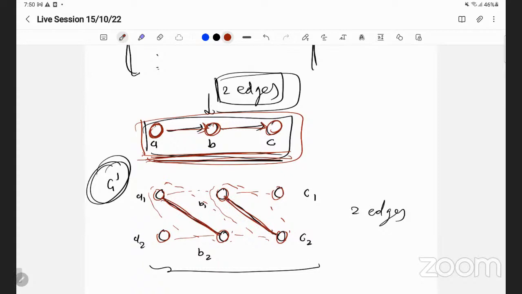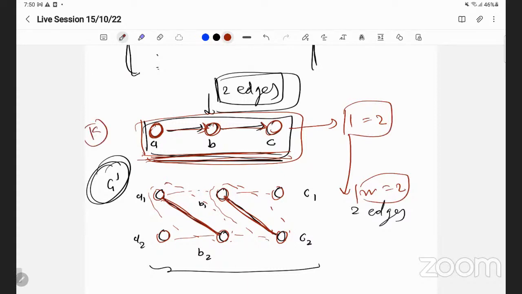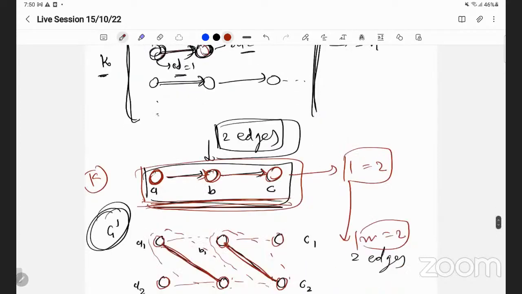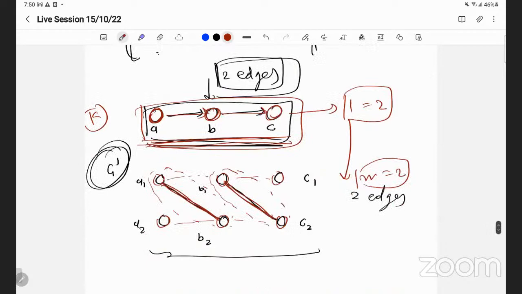So this path was of length 2 and this gave us a matching of size 2, right? And there are a total of K paths. Each of the paths in this path cover will give us an individual matching, and these matchings will be disjoint because the paths are disjoint, right?